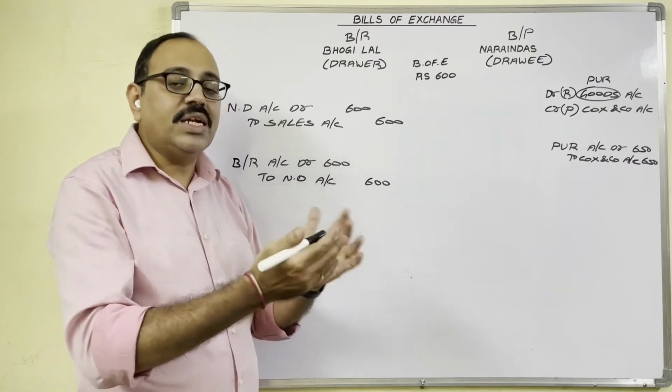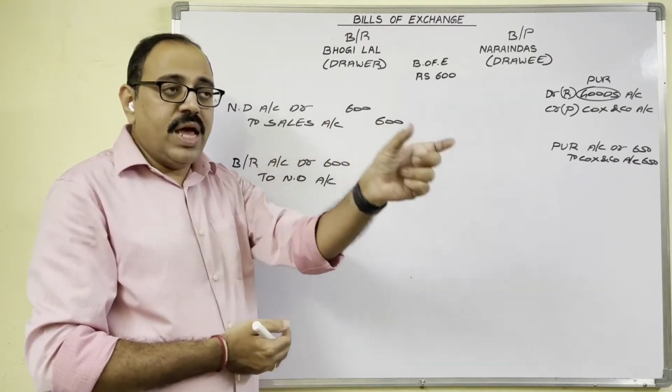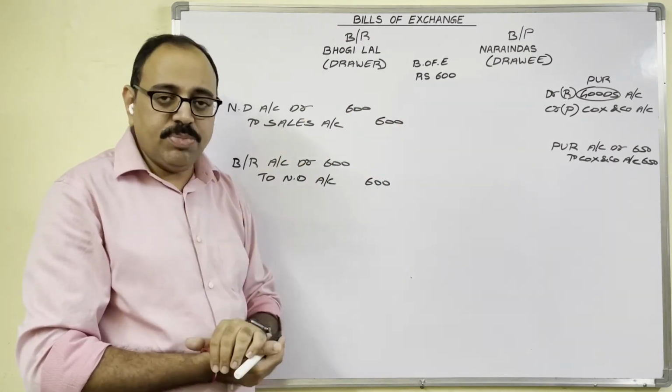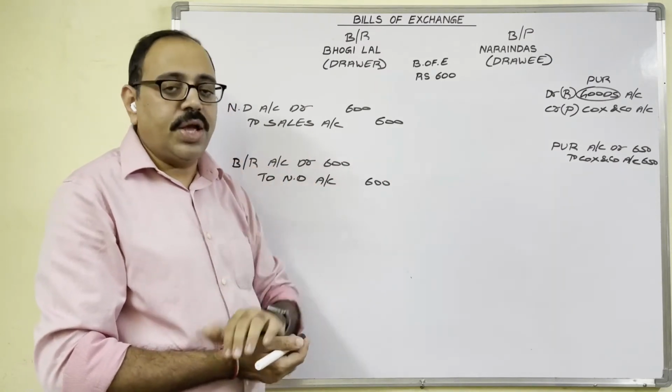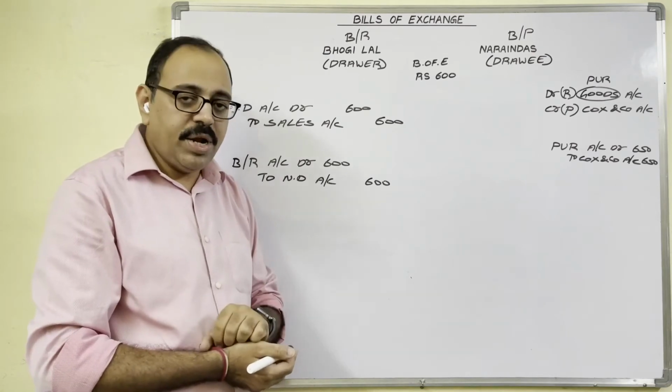Endorsement means transfer of the bill. When we endorse this bill to them, they are not creditors now, because in full settlement we are giving this bill. By crediting, we created a creditor account, a liability. If you want to cancel that, you should debit.